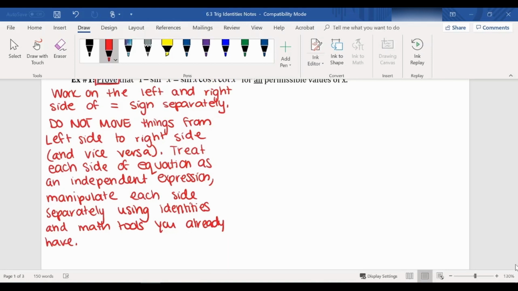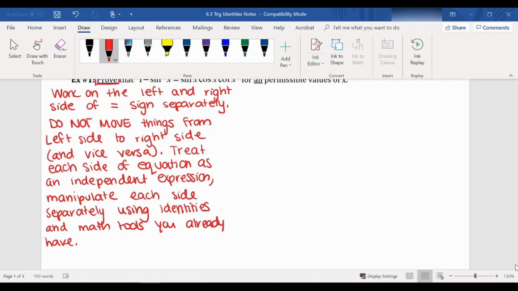That doesn't work in a proof. What you can do is you could multiply one of the sides by something that is equal to 1. So you could multiply one of the sides, or both sides, I guess, but you wouldn't want to, by 2 over 2. So you can't just multiply things by 2 or just divide things by 5. You have to be multiplying by something that equals 1.